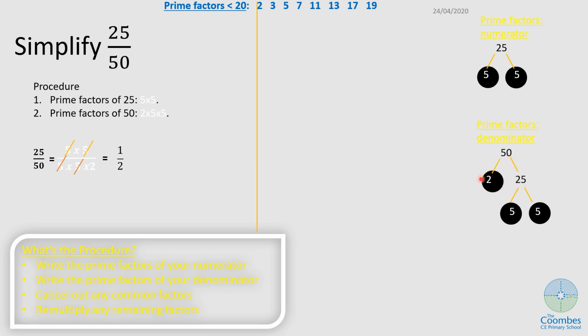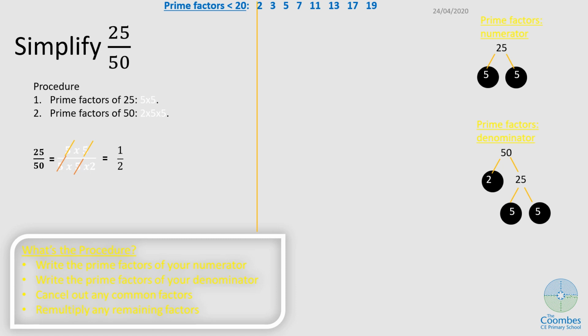But I know that 2 is a prime number. So that is one of my prime factors. But 25 is not a prime number. So I have to further find prime factors for 25. I've already done that at the top here. I know it is 5 times 5.